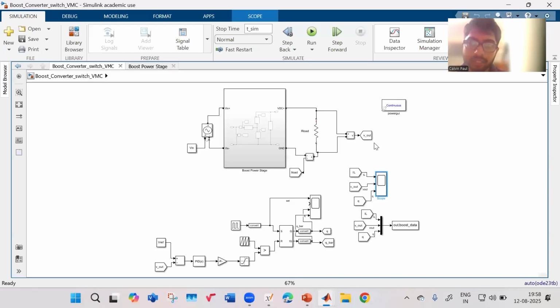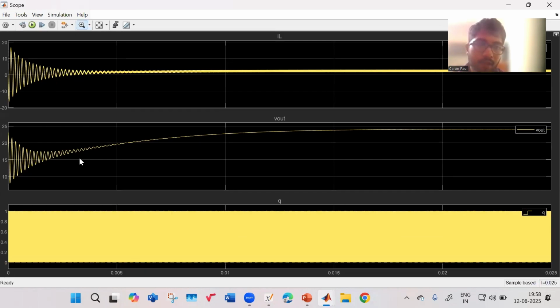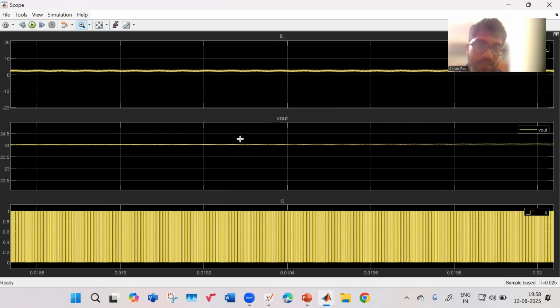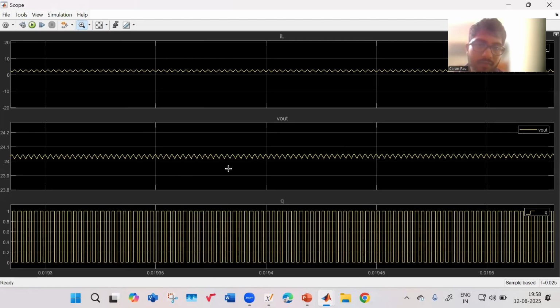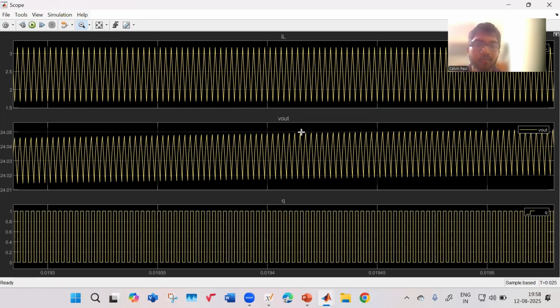So this is the simulation. If you can see over here, the output voltage, we want it to be regulated at, let us say, around 24 volts.